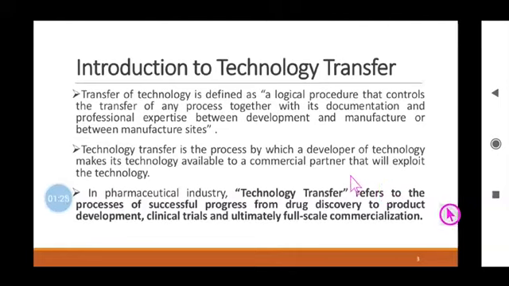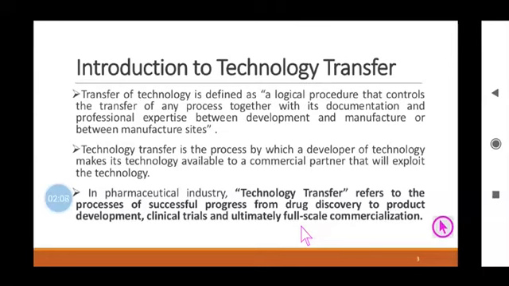So here the one part of the industry is R&D, where the researcher actually develops a formula, develops a process of manufacturing a product, and this process is needed to be successfully transferred from one part, means R&D of the industry, to the large scale manufacturing plant. Or it may be sometimes this kind of new developed technology, which is required to be transferred from one manufacturing site to another manufacturing site.